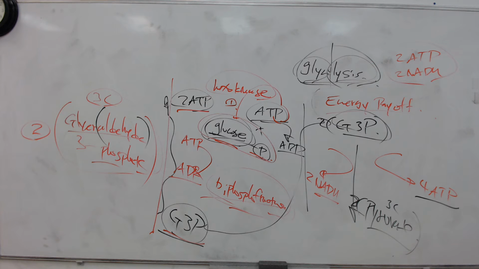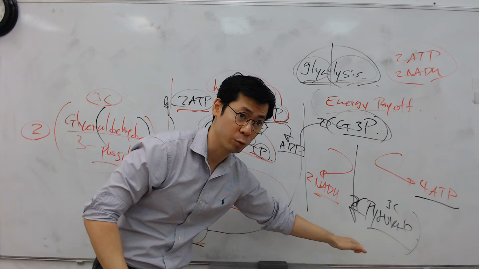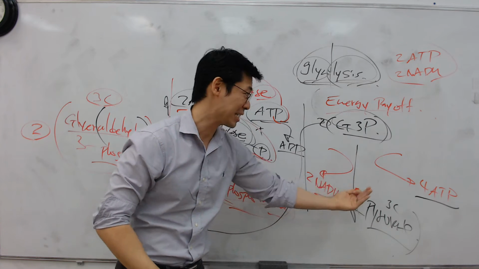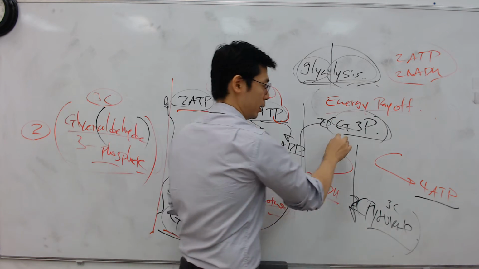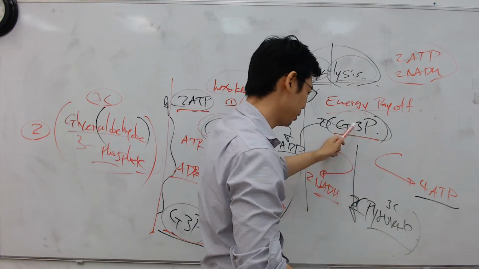So if you're turning an aldehyde, G3P, glyceraldehyde 3-phosphate, into a pyruvic acid, you're taking the electrons away from G3P, and using the energy of that, they turn into a pyruvate.